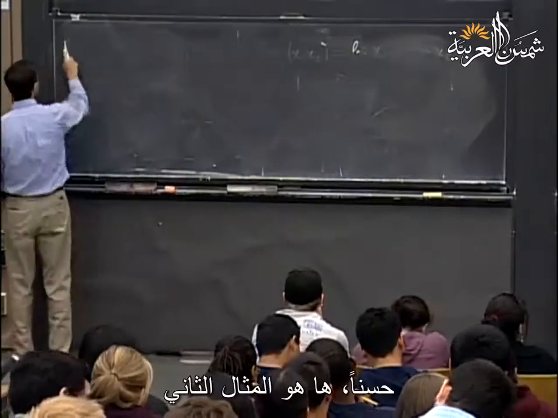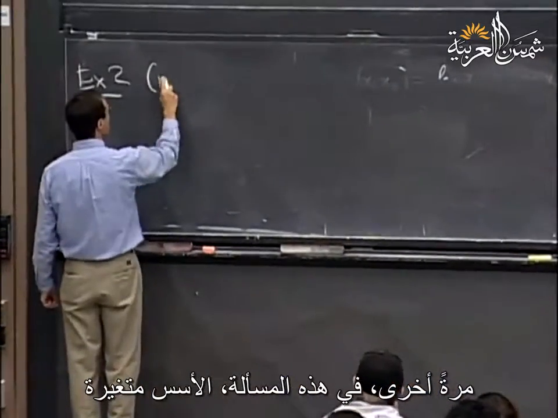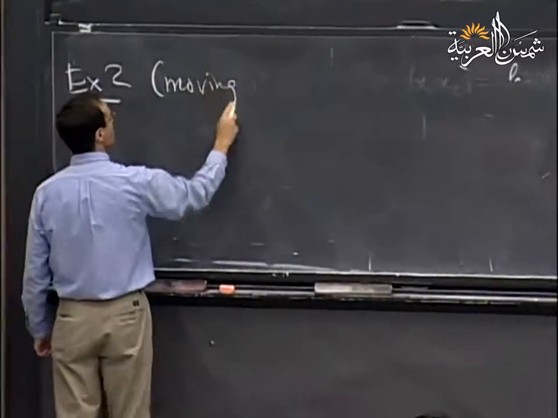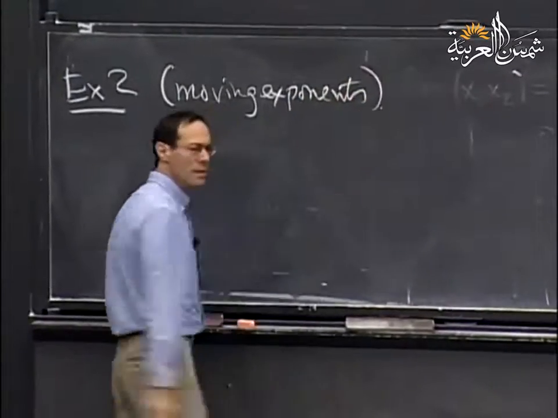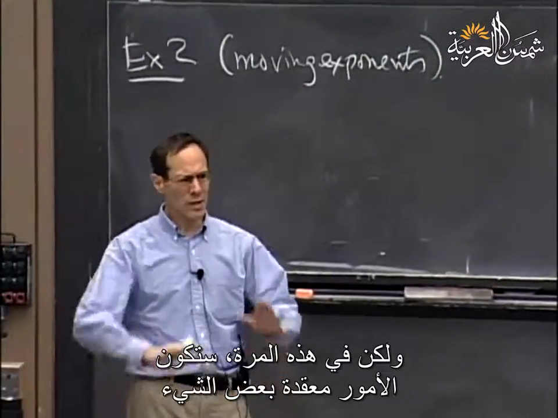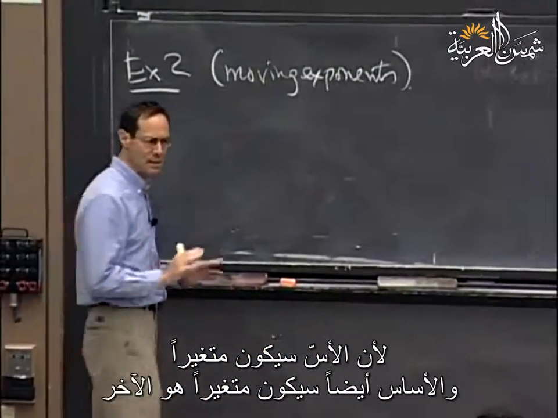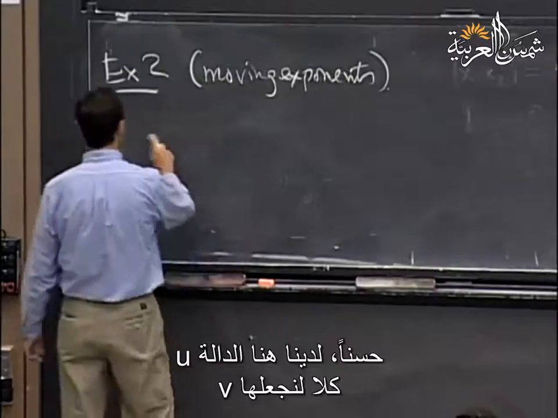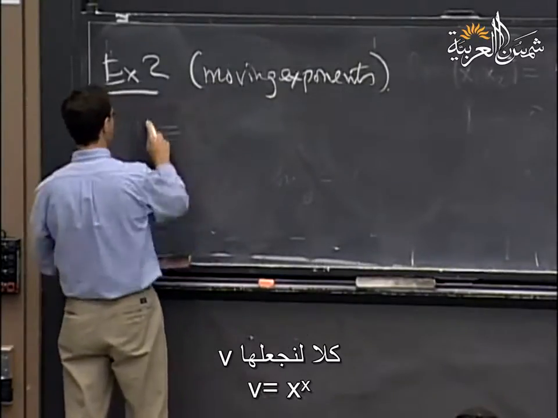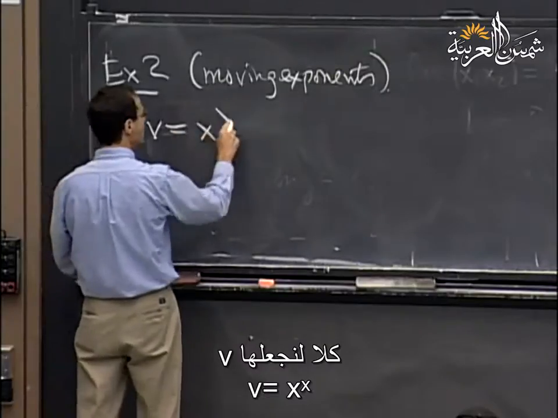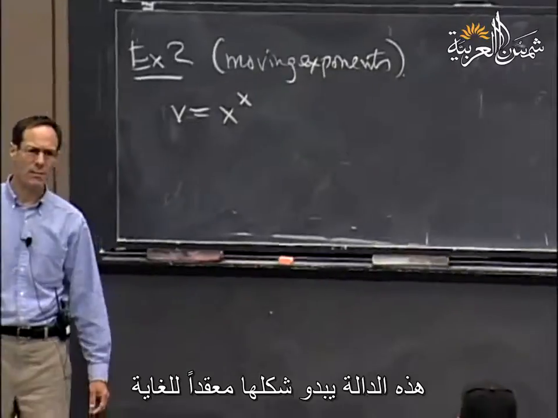All right, so here's a second example. Again, this is the problem when you have moving exponents. But this time, we're going to complicate matters by having both a moving exponent and a moving base. All right, so we have a function u, which is, well, maybe I'll call it v, since we already had a function u, which is x to the x. A really complicated looking function here.